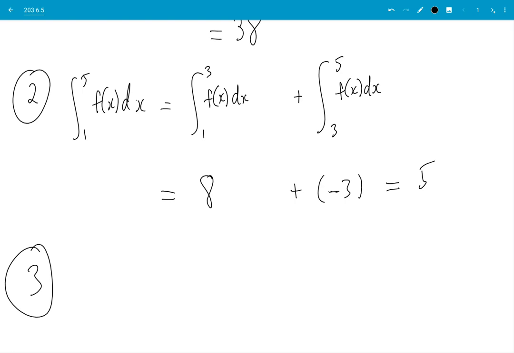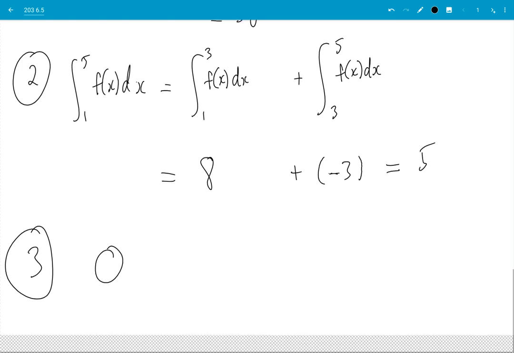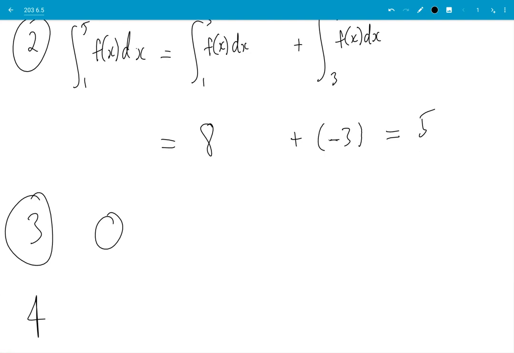Number 3, what's question 3? 7 to 7, okay, so this is just 0, right? Just 0, because you're doing the integral from 7 to 7, you get nothing. That was my first property.